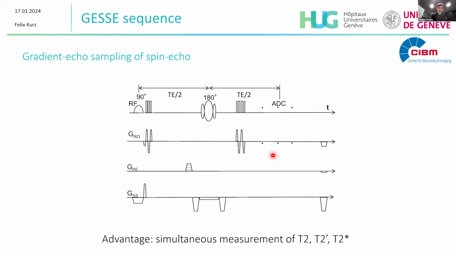And this gives us simultaneous information about the oxygen extraction fraction, but also the cerebral metabolic rate of oxygen consumption. And this is indispensable to study brain microstructural composition and function. And it only takes 6 minutes compared to 30 minutes for a very good T2 mapping.